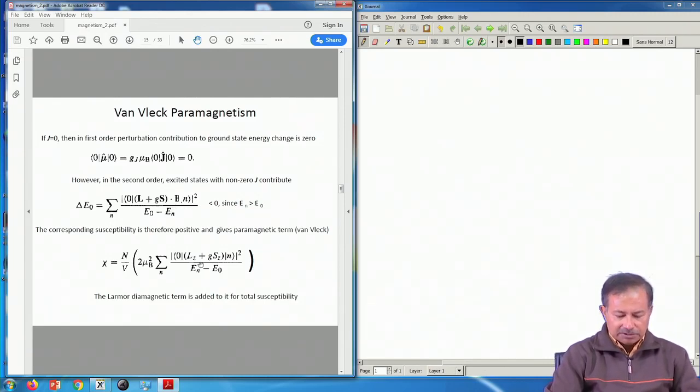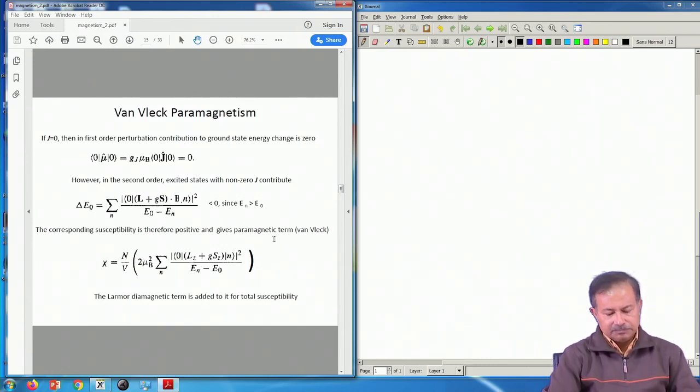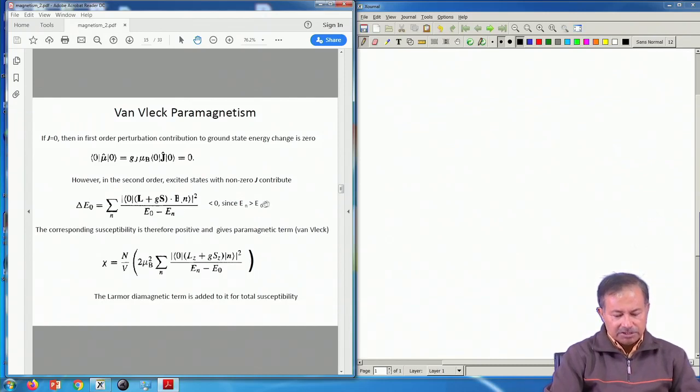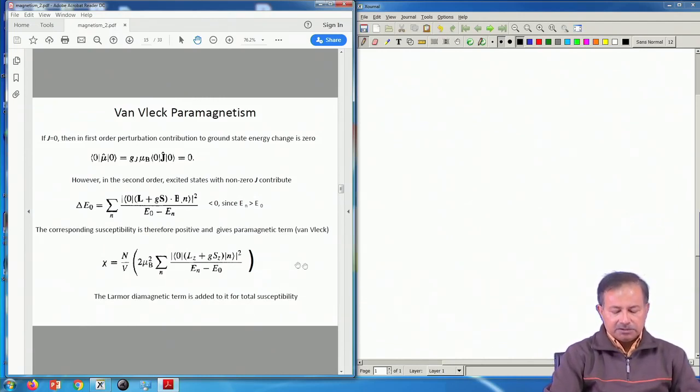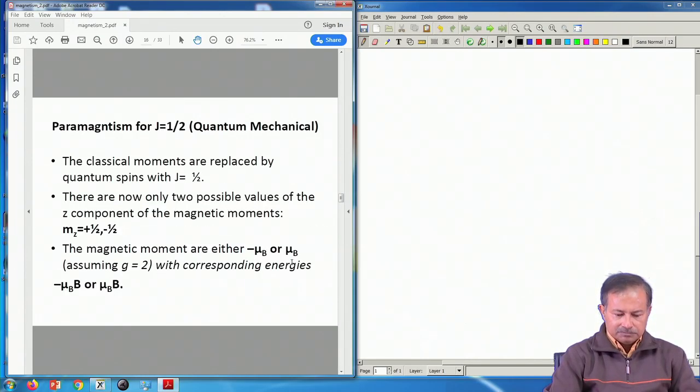So this term gives a contribution to chi which is positive. Remember E n is greater than E 0, so this term is negative, exactly as I said in the previous slide. So the susceptibility becomes positive. You add to this the Larmor term and get the total susceptibility, so it is a subtraction between the two.